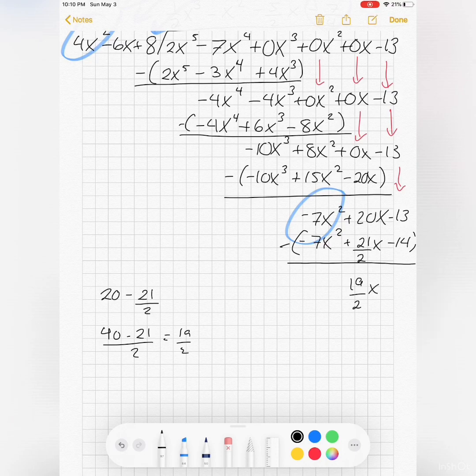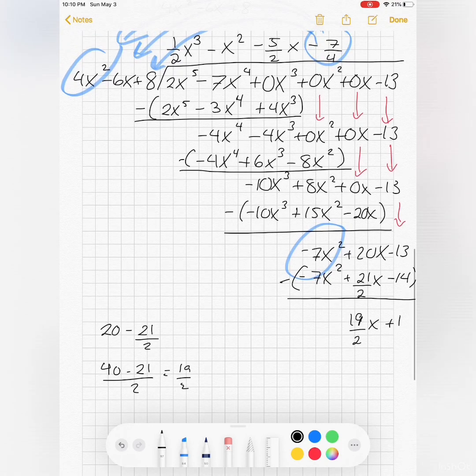And then positive 14 minus 13, 1. Okay. And then looks like I have my remainder. So then I just have to write out this division.